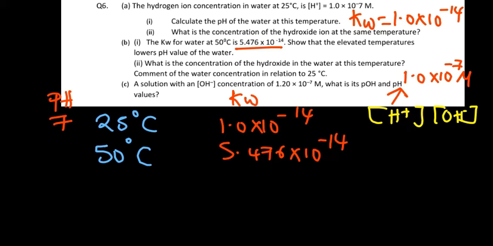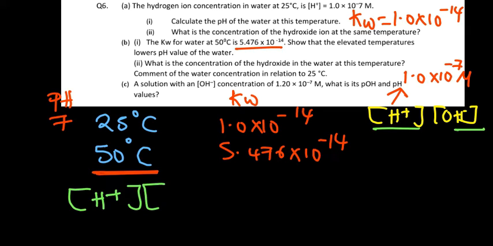So how do we show that indeed the pH does decrease? Let's take an assumption that even at this temperature the concentrations of the two are equal, or let's assume the water was neutral. Then we can calculate the new concentrations.